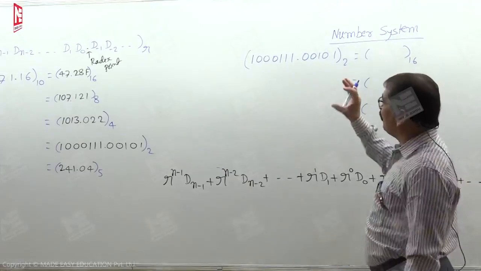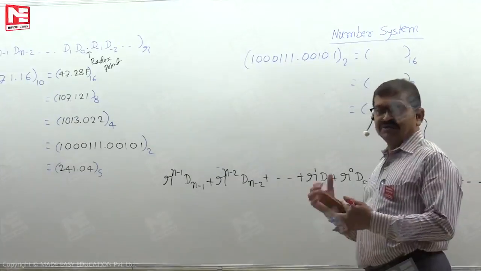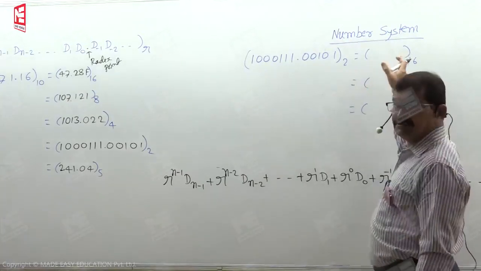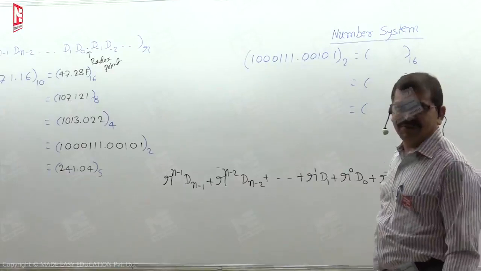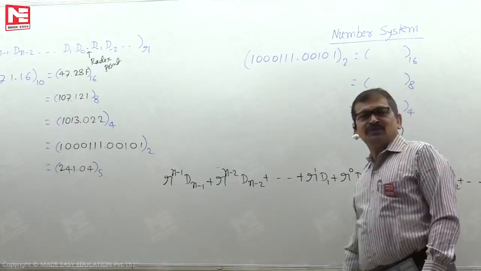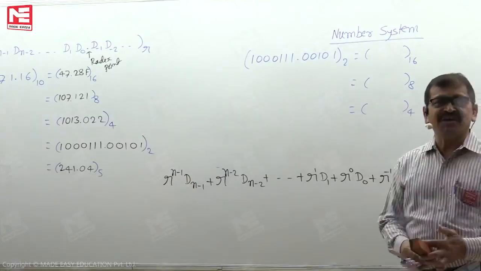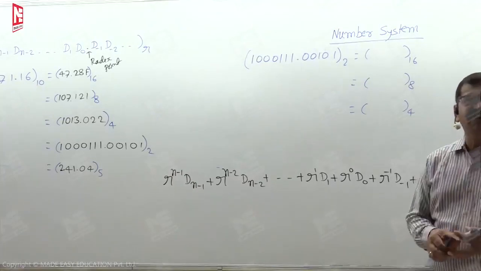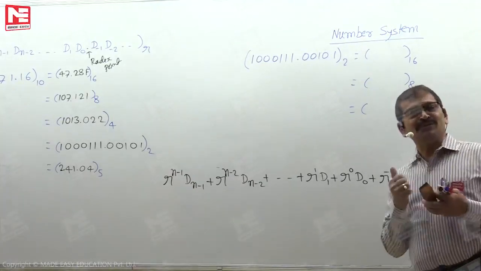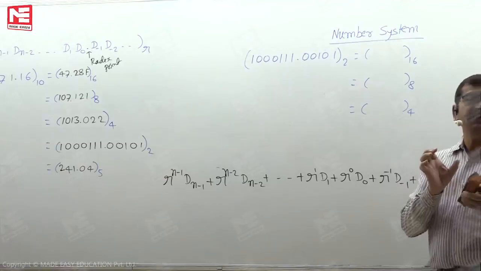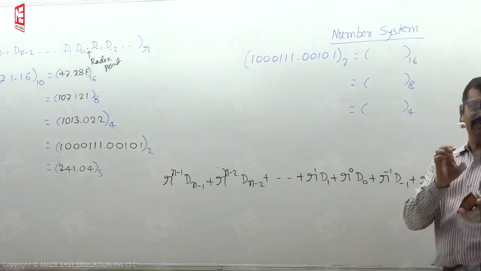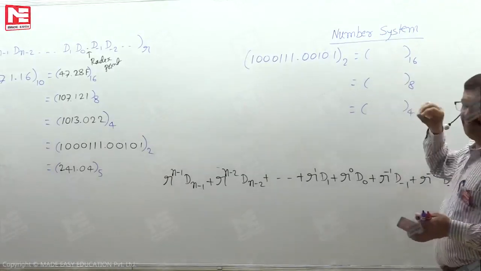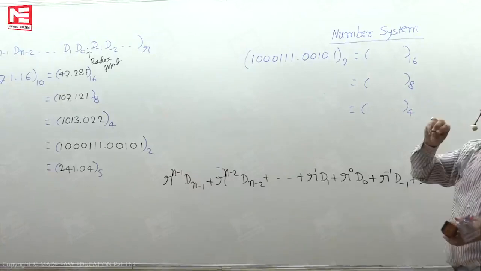Whenever the given number is a binary number, converting this binary number to hexadecimal, octal or quaternary is a simple task. The procedural work for converting the binary number to the equivalent hexadecimal, octal or quaternary number is the same. The procedural work is grouping of the bits. How do they differ? They differ in the group size.